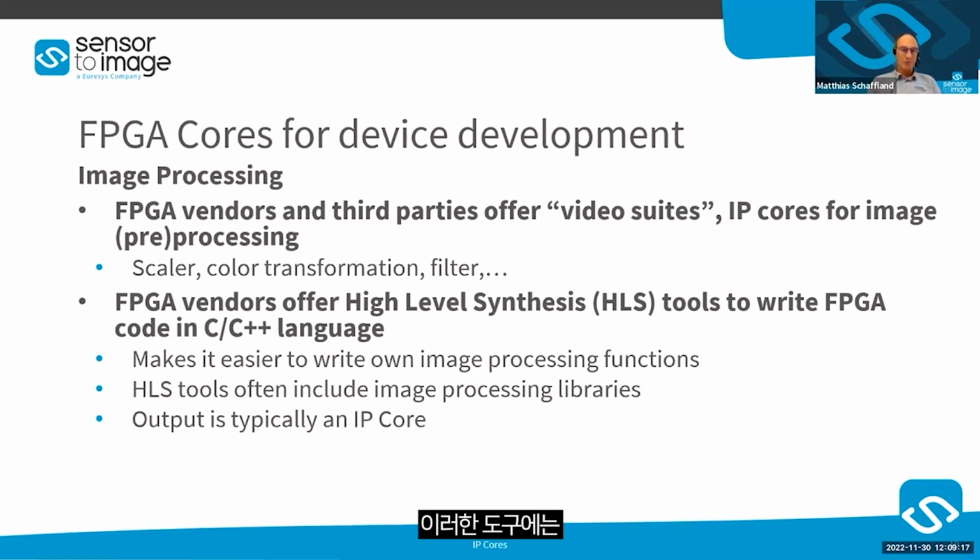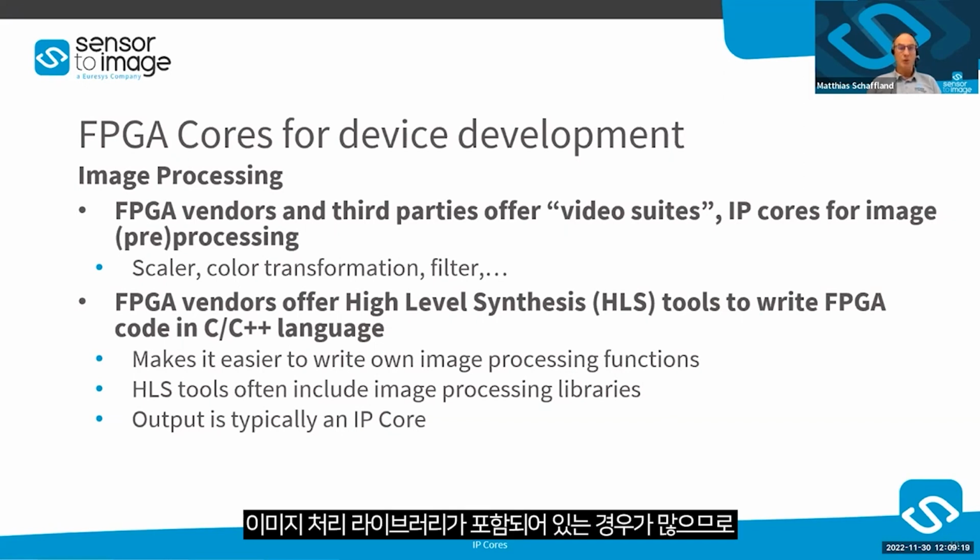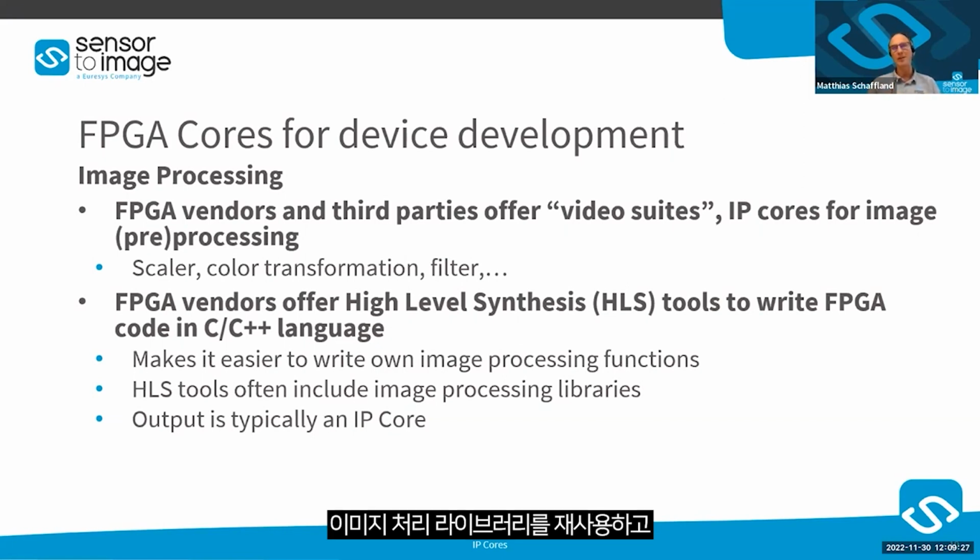These tools often have image processing libraries included, so you do not have to do it totally from scratch. You can reuse image processing libraries and go on with your specific things. The output is typically an IP core again, so you can use it in your design flow as a typical IP core.